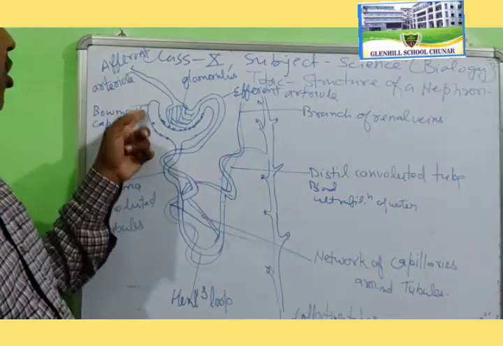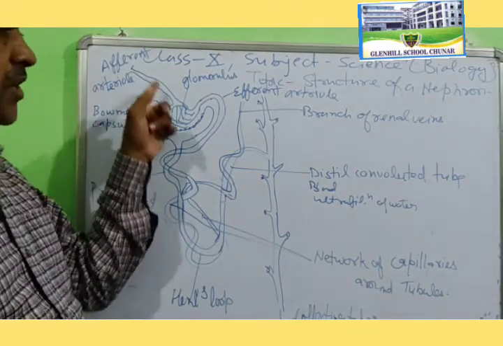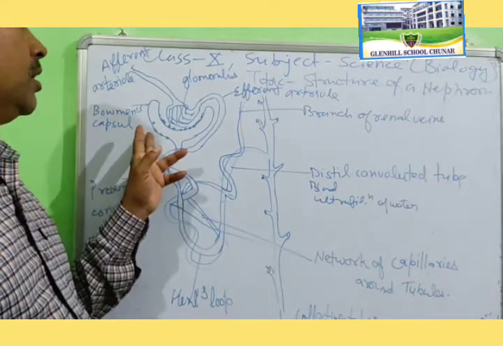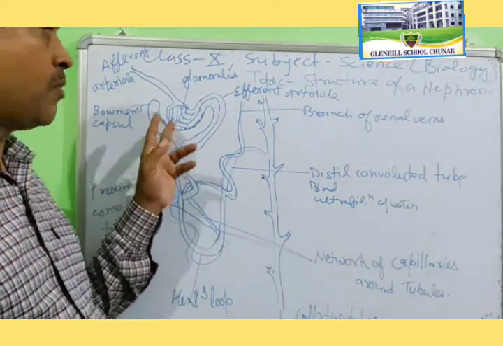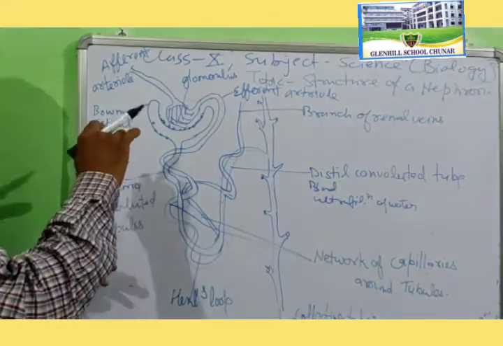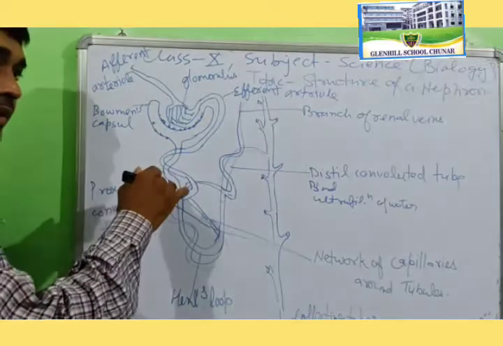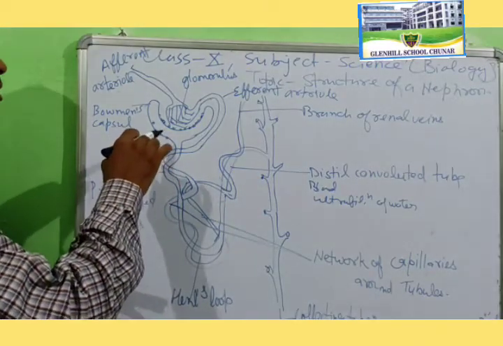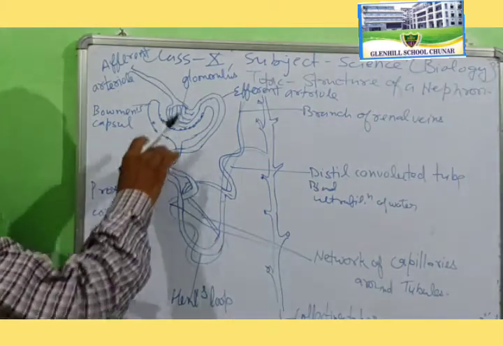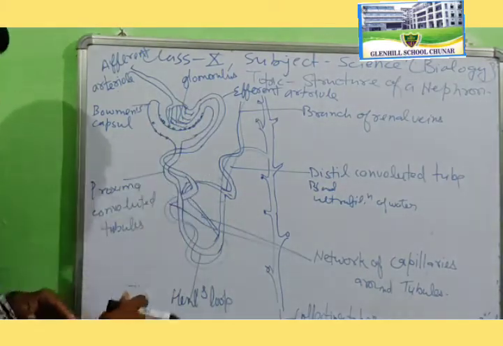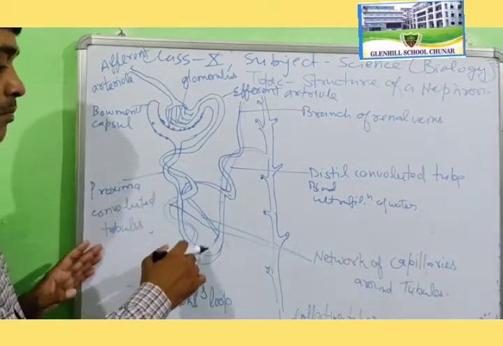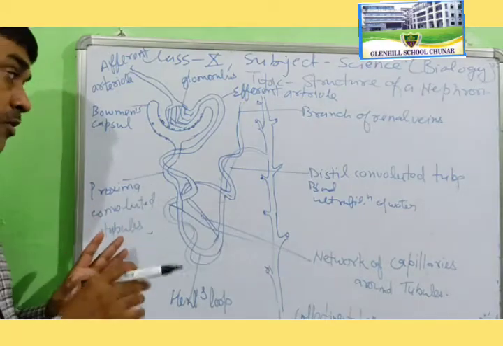So the afferent arterioles bring the blood for filtration in the Bowman's capsule. After filtration, the glomerular fluid from the Bowman's capsule goes into the proximal convoluted tubules. There are two tubules.